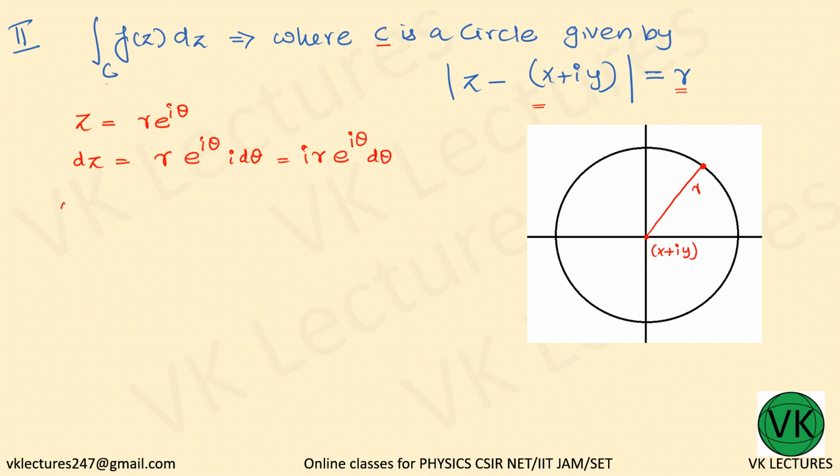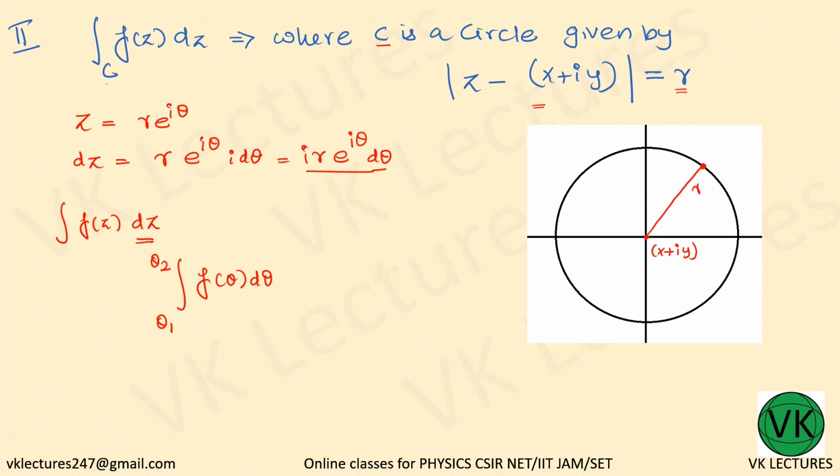So integral over f of z dz, you can replace dz by i r e to the power i theta d theta. Then the integration will become integral with theta varying from some points, let us say theta 1 to theta 2, f of theta d theta.